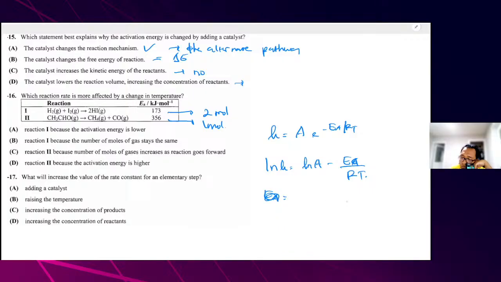According to the Arrhenius formula, if we have a larger EA, it will be more sensitive to temperature.